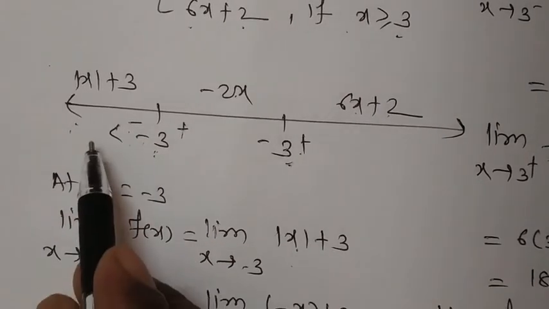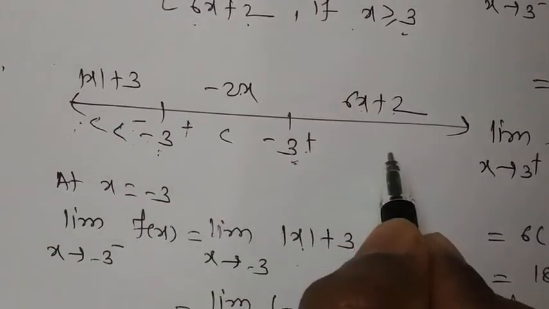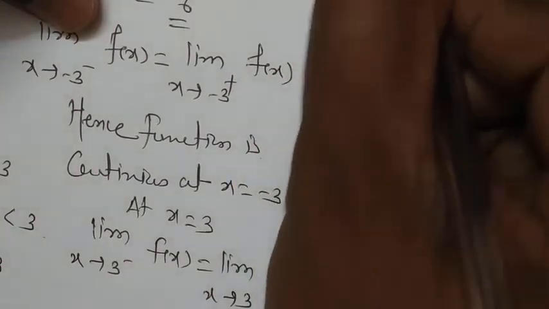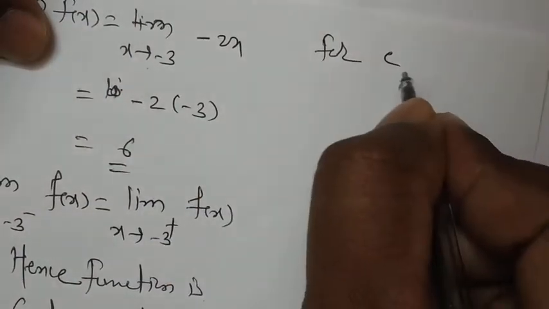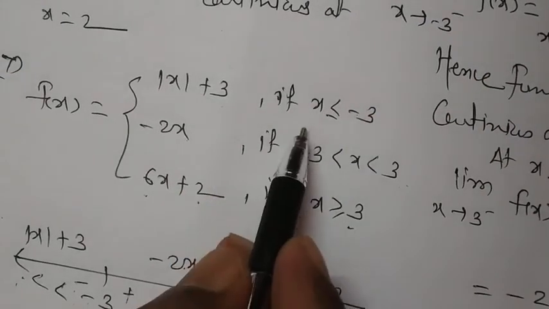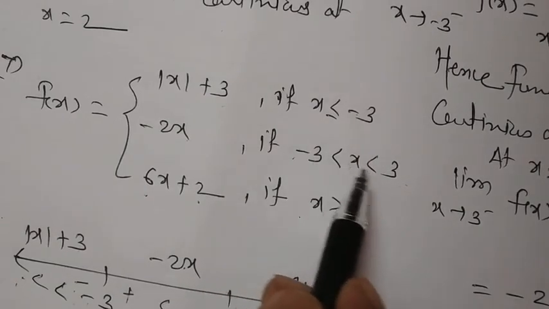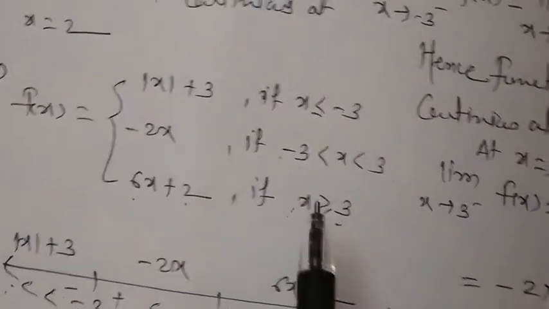So first we take a c, in between this number c, and for this number c. Then at c, which c is less than minus 3. Now there are the same conditions. So first take c for minus 3, then this c, that is minus 3 to 3, and next we will take c greater than 3.